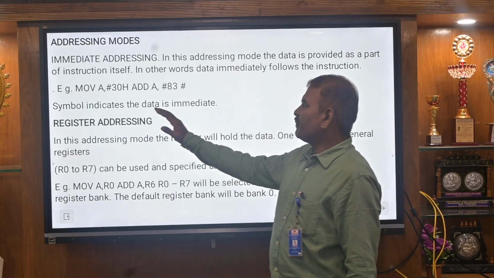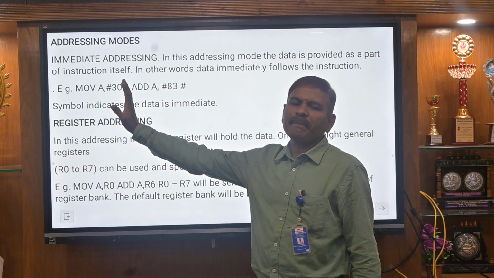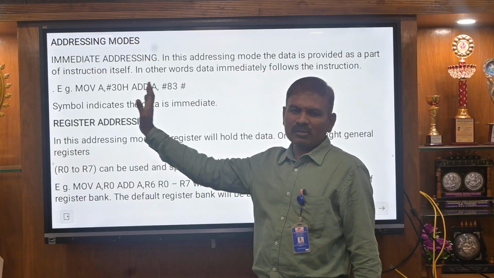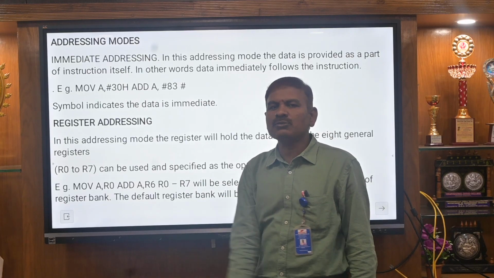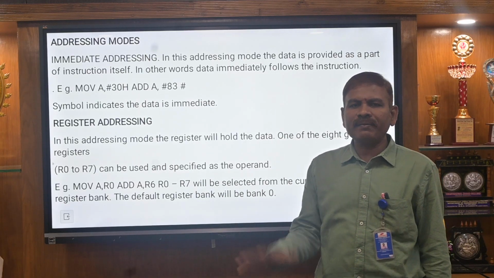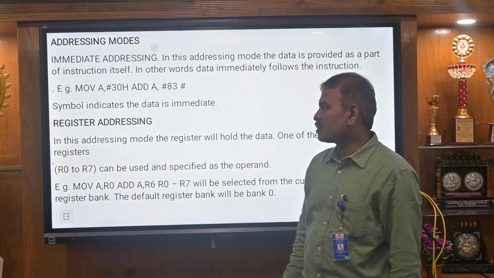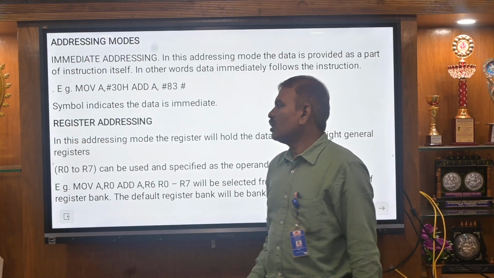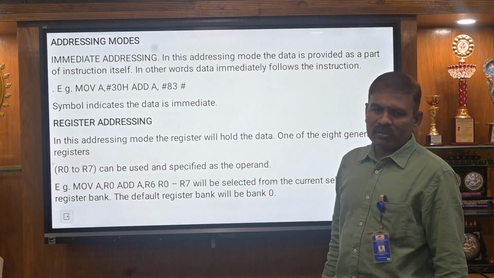Here you don't need to specify any register location. We directly pass the data to the accumulator, and then we can perform the addition or move operations. This is for the immediate process.